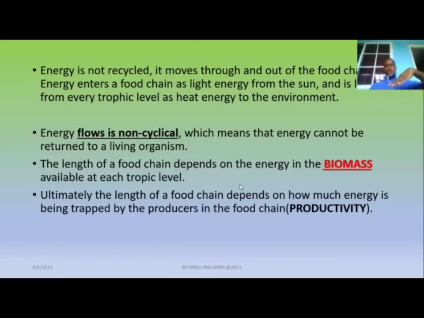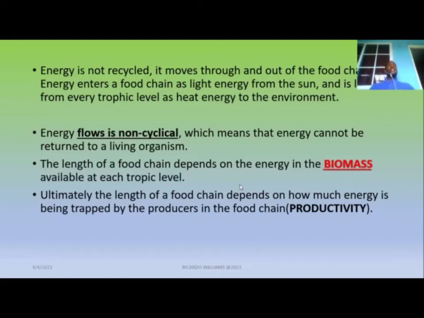Now, energy flow is not cyclical, it's non-cyclical, which, as I just said before, just moves into the food chain and out. Now, the length of the food chain depends on the energy in the biomass available at the trophic level. Now, the biomass, they have that term in red, really refers to the dry mass. Cool?